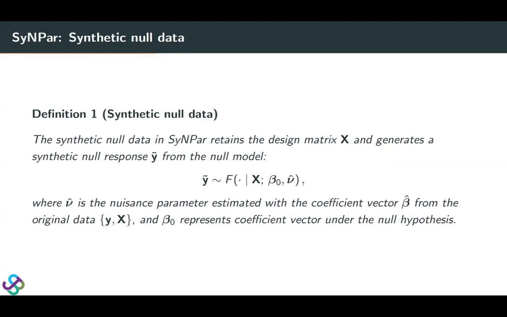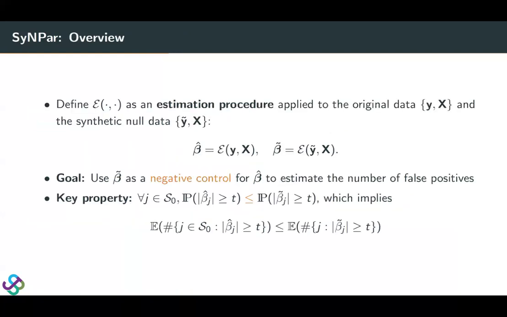We don't observe that. So we will still want to estimate the nuisance parameter from our original data, together with the coefficient estimate from the original data. But we want to modify this coefficient to reflect our null hypothesis. So that's the general idea, but we will be more specific about what the null hypothesis is later.